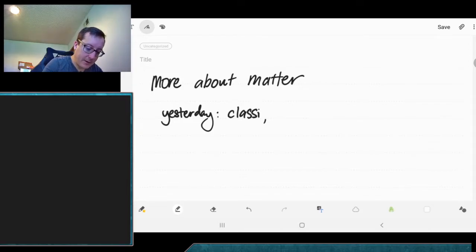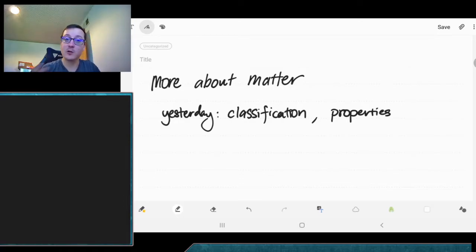We talked about how to classify matter, as pure substance versus a mixture, and we looked at some of the subdivisions there. We also talked about various physical or chemical properties matter might have, and we also talked a little bit about changes.